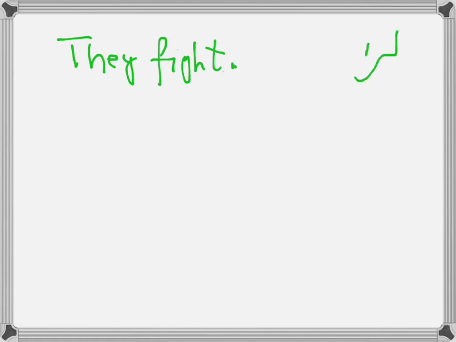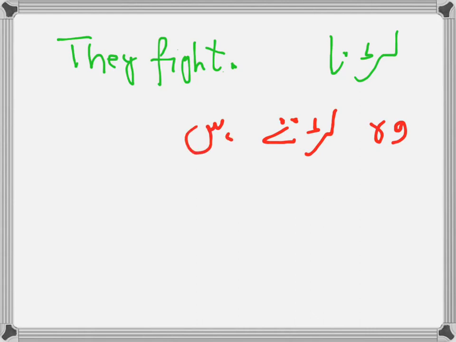Let's take another example. They fight. Main verb is लड़ना. लड़ना means to fight. For male, we use वो लड़ते हैं. And if you are talking about a male and a female or a group of people which involve male and female, then we would use the male version.